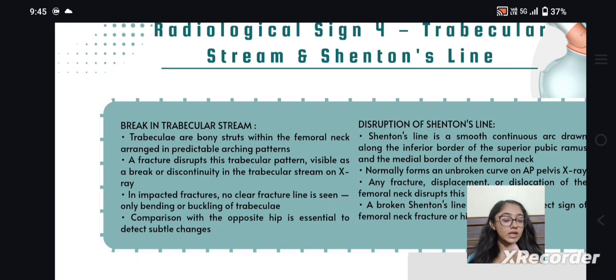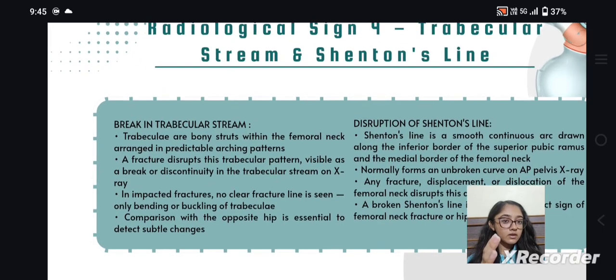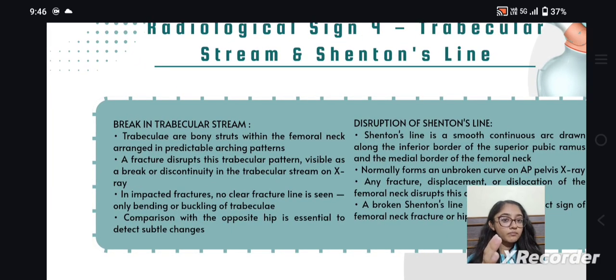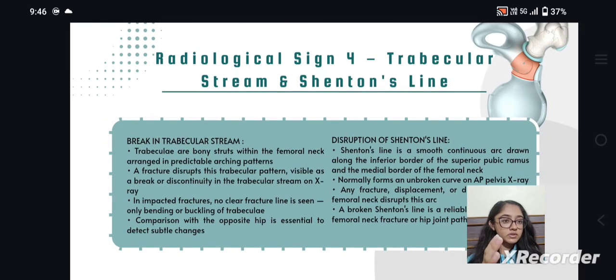In an impacted fracture, there is no clear fracture line, only bending or buckling of the trabeculae. It could be the sign, but in the end we should compare it with the opposite side.